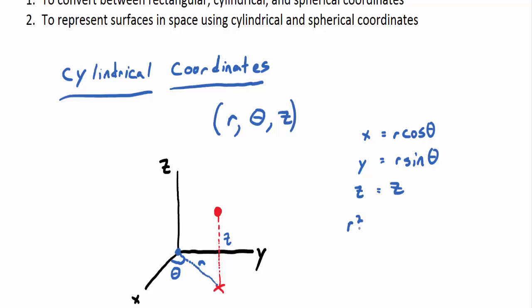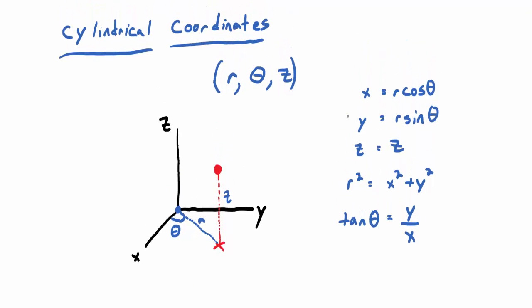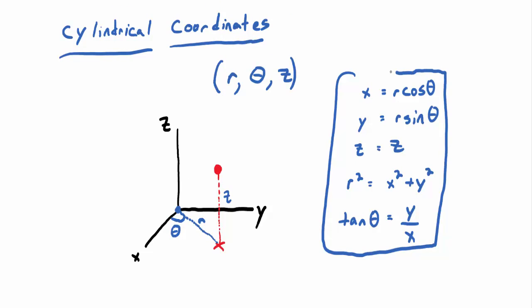If you want r for some reason, you could take x squared plus y squared, that's r squared, and then of course take the square root to get r. And then finally, the tangent of theta is equal to y divided by x, right? So nothing new there. It really is polar coordinates in space.